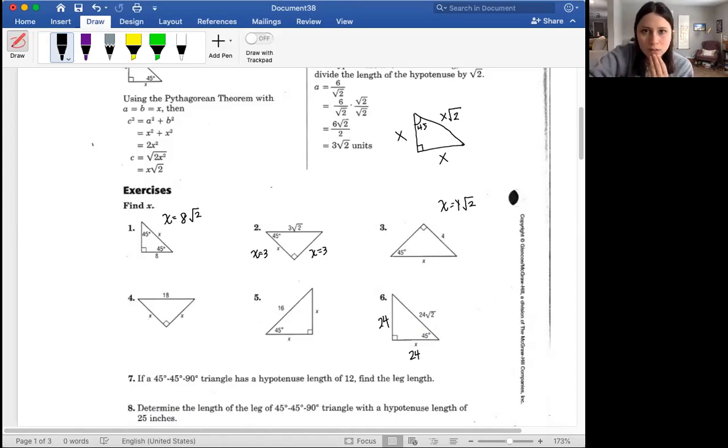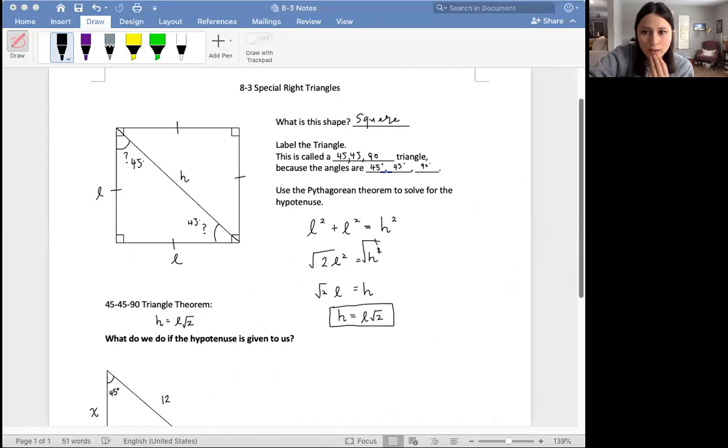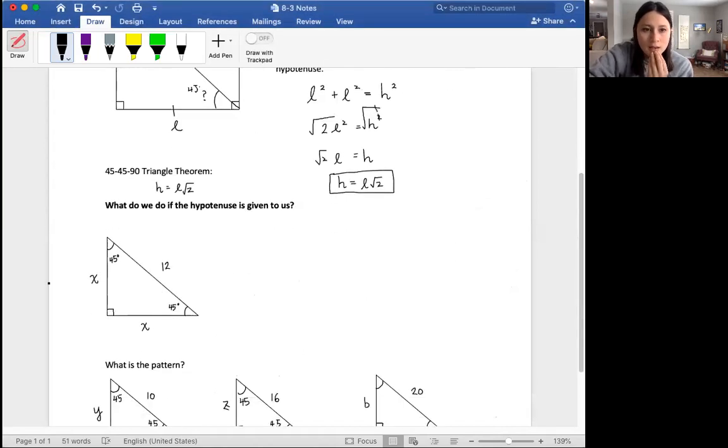So let's go back to our notes and let's add on a few things. So if we are given a triangle where we have the hypotenuse and it's like a whole number and we need to find the legs, well, let's use our template equation.